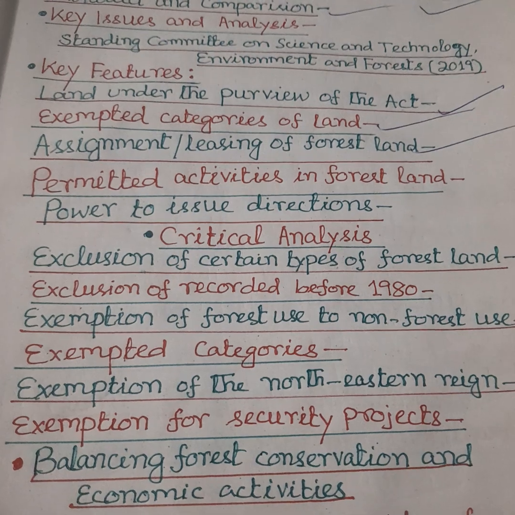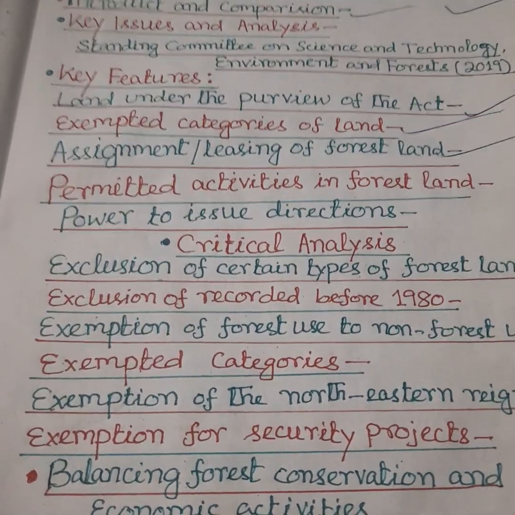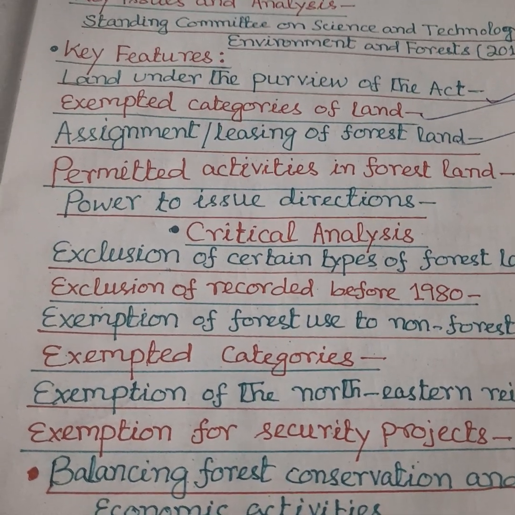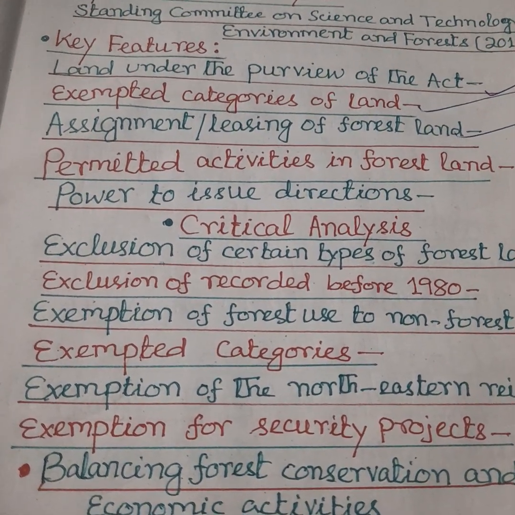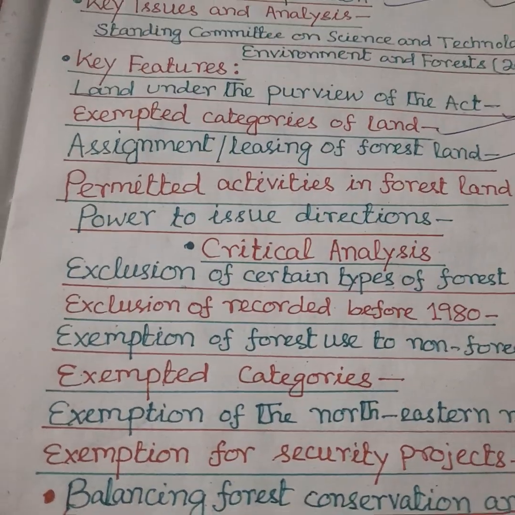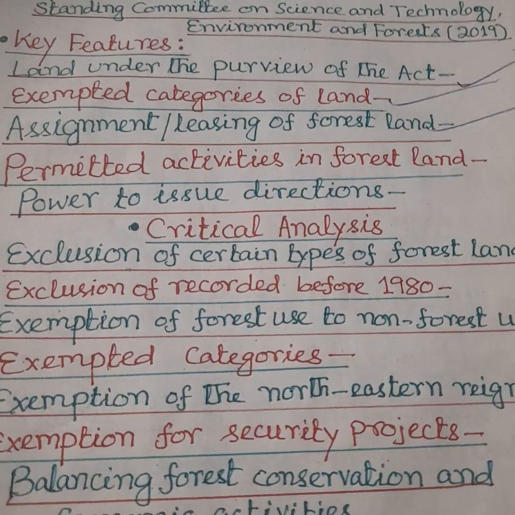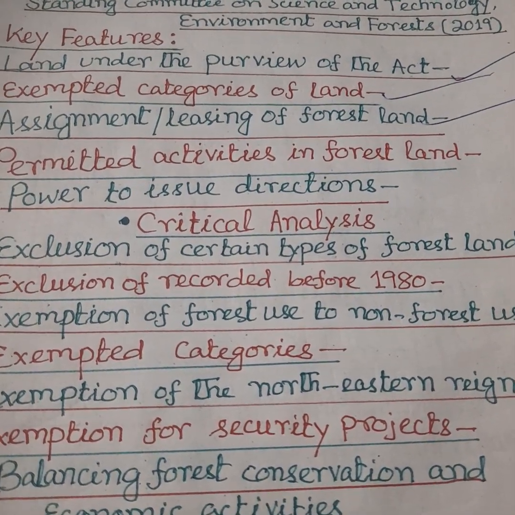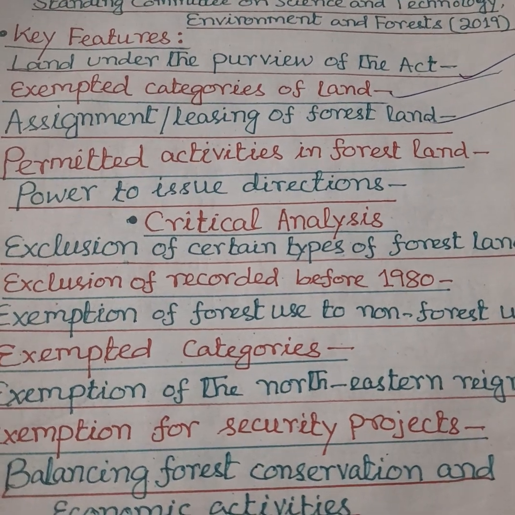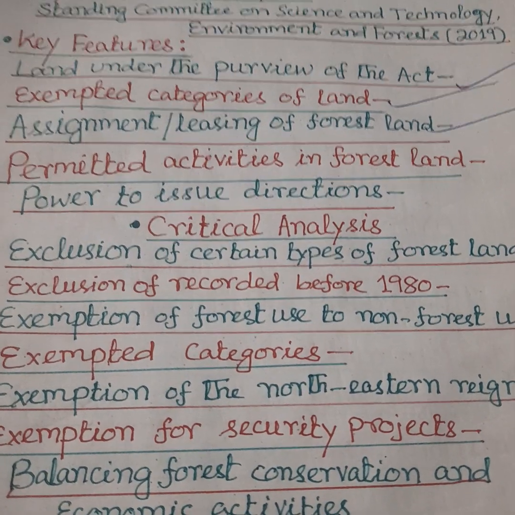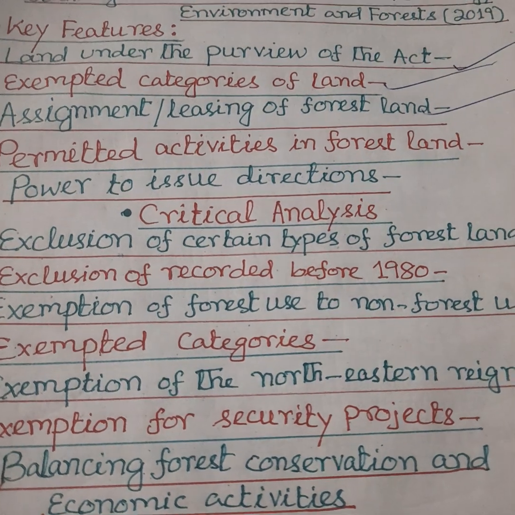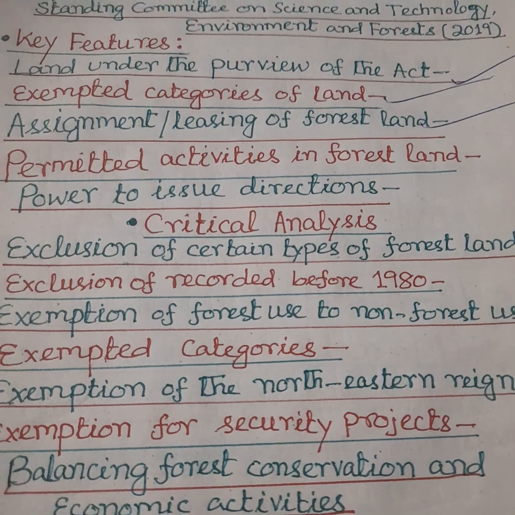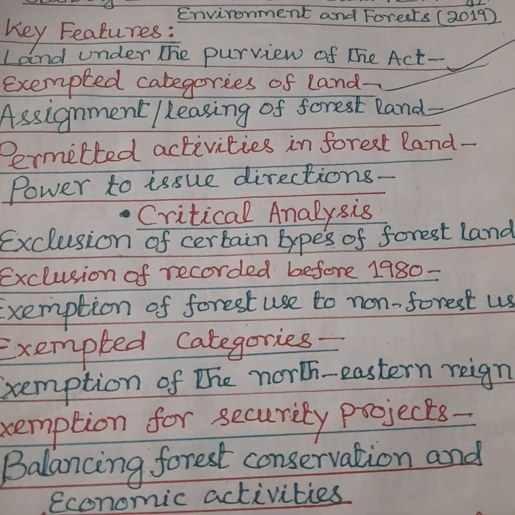But the Amendment Act of 2023 provides that the state government or any authority can do this assigning to any organization, subject to terms and conditions prescribed by the Government of India. And on the power to issue directions, as per the 2023 Amendment Act, the Government of India may issue directions for implementing the Forest Conservation Act to any other authority or organization under or recognized by the center, state or union territories.